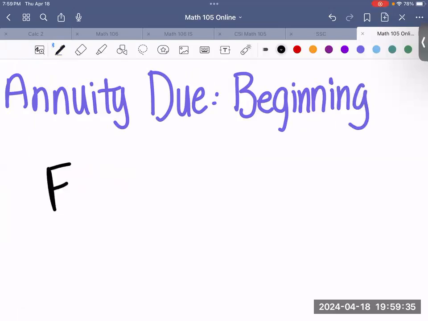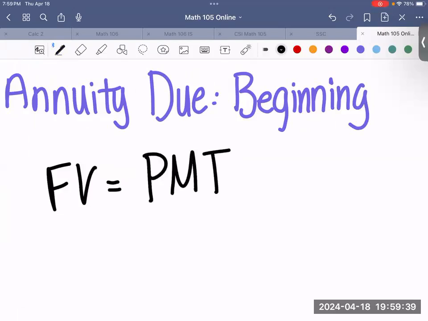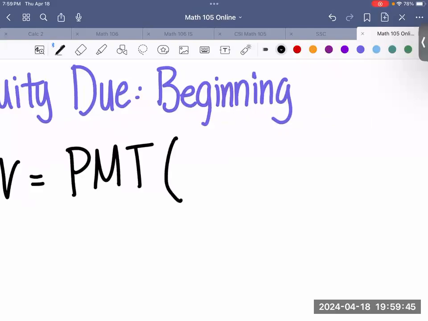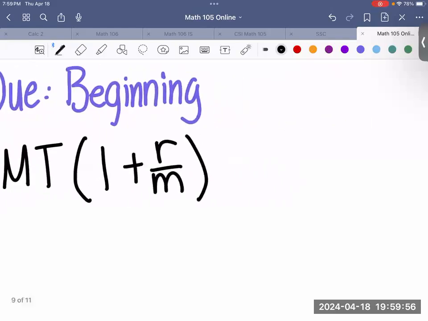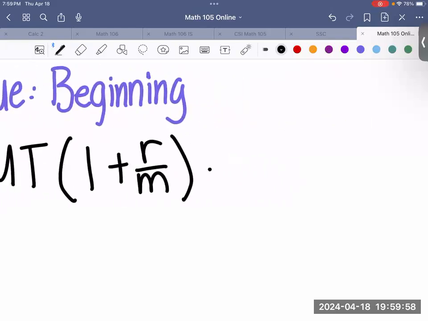Which says we have your future value is equal to that payment again. We're going to be thinking that these payments are just a series of deposits. Now, because you're depositing it at the very beginning of each month, it's going to accrue its own set of interest. So there you have your interest on top of that payment times the same exact formula we saw before.